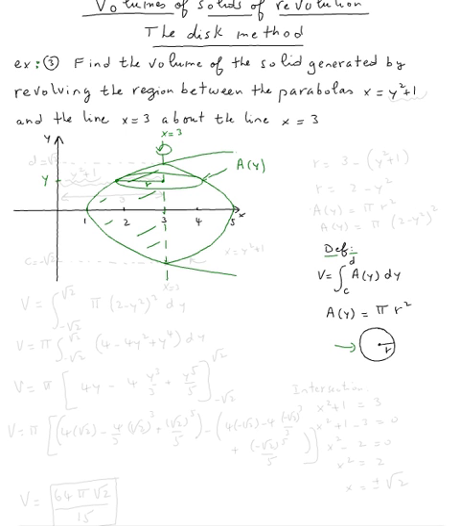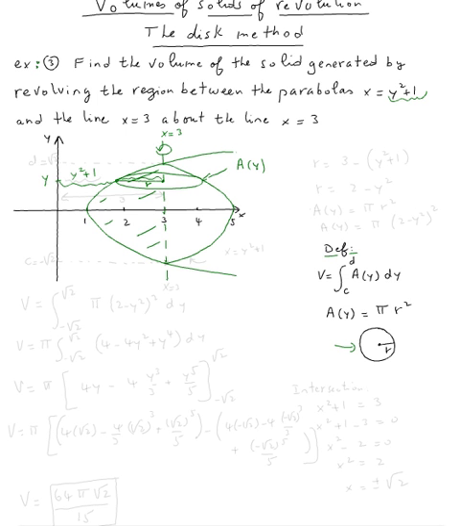So the radius is going to be what? If you look from here to here, this is what we mean with x equal y squared plus 1. That's just the value of x, but that's not what we need. The radius is all the way here.